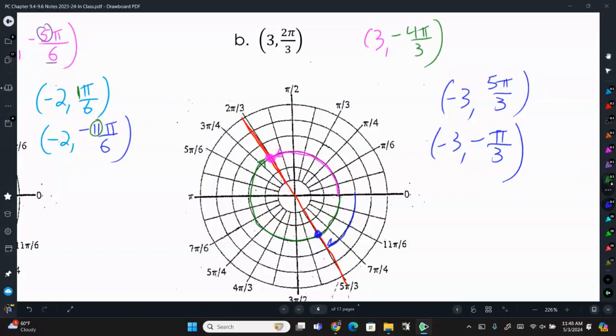And I do my quick double check. 2 plus 4 is 6. 6 pi divided by 3 is 2 pi, or full circle. 5 plus 1 is 6. 6 pi over 3 is 2 pi, or full circle. So I'm confident in my coordinates here.